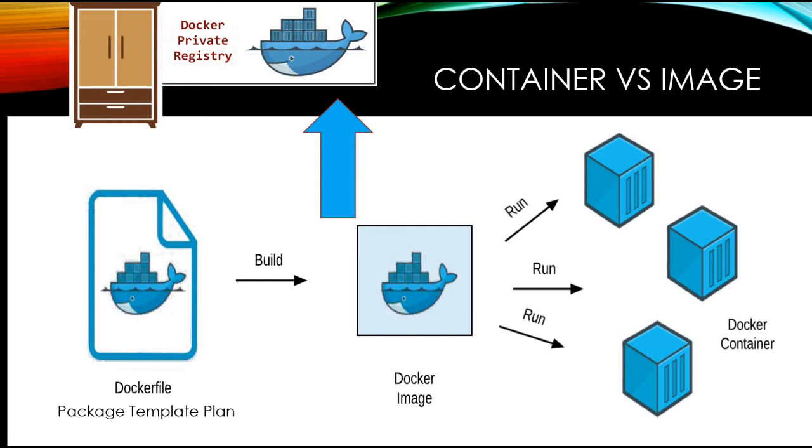Docker images, when you build them, need to be pushed to a private or public repository. The Docker public repository is called Docker Hub. So you can go to hub.docker.com and find multiple official images already available in Docker Hub. You can use those images or you can build your own images.